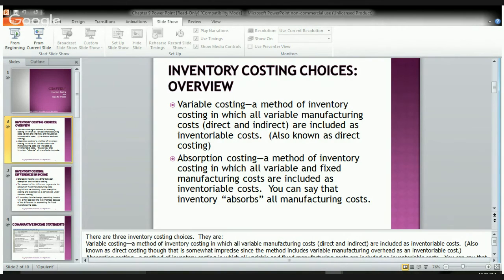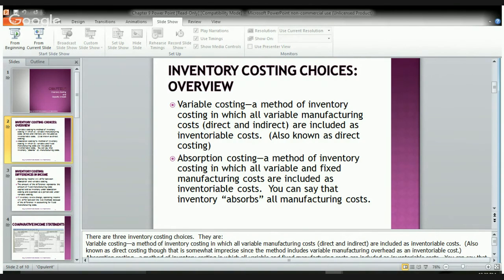Now, absorption costing is the required inventory method for external financial reporting in most countries. It is also preferred. And why is it preferred? Well, it is the most cost effective and less confusing. Basically, in absorption, you are putting all manufacturing costs involved. It can help prevent managers from taking actions to make their performance measures look good, but hurt the income they report to shareholders.